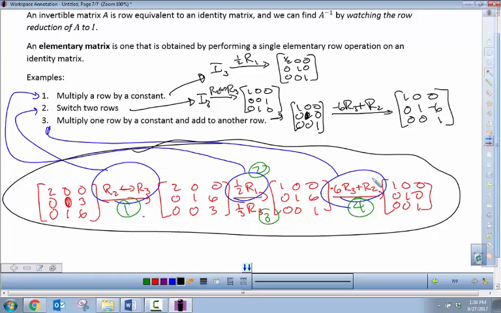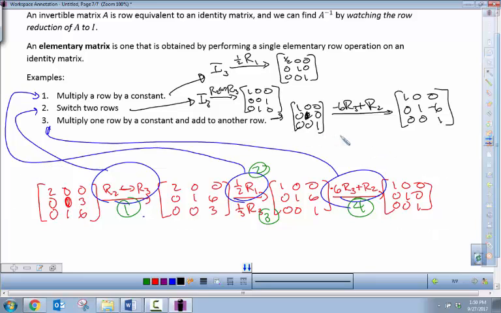Actually, what I'm trying to do is always start from the identity matrix. And now what I've found are these 3 examples of what's called elementary matrices.